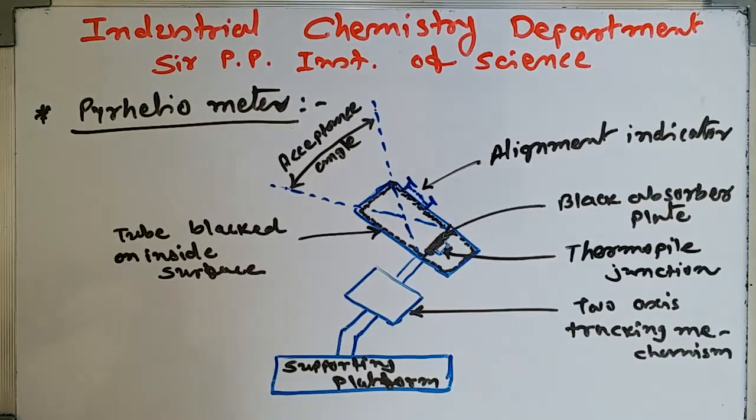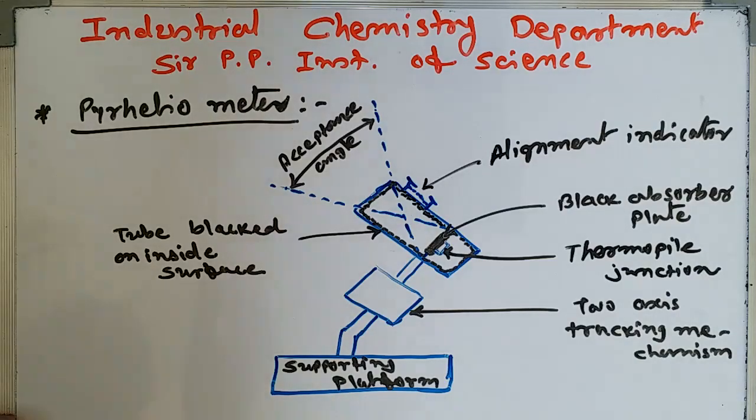Sometimes, for concentration of solar radiation, reflecting mirrors are arranged and more beam radiation is accepted in the acceptance angle.